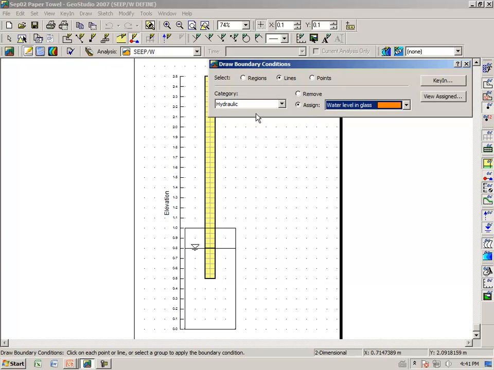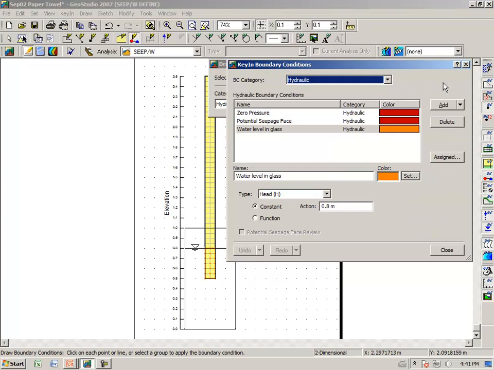In this particular case, we're going to assign the boundary condition to a region. So all the paper that is below the water table, so to speak, we are going to apply this particular boundary condition. Very briefly, the boundary condition is a total head of 0.8 meters.